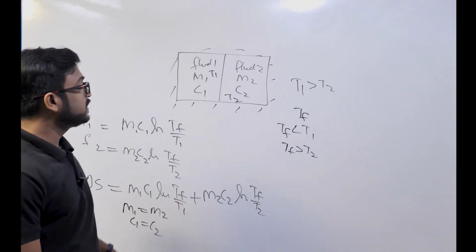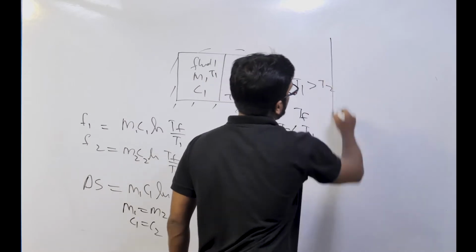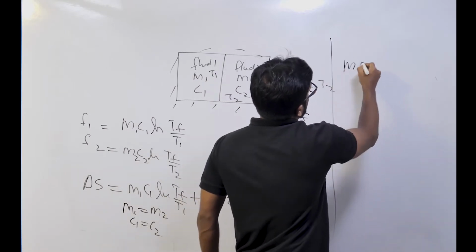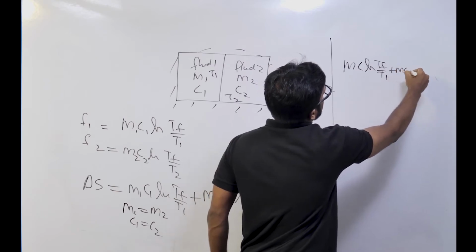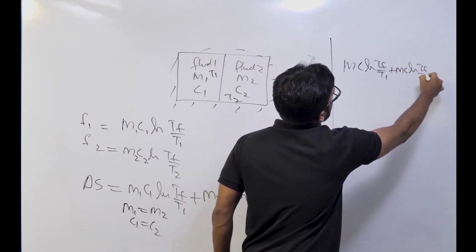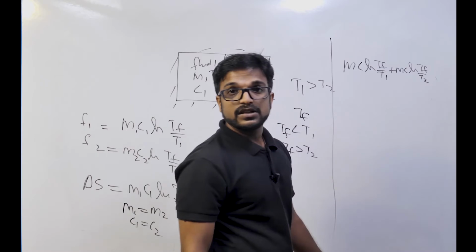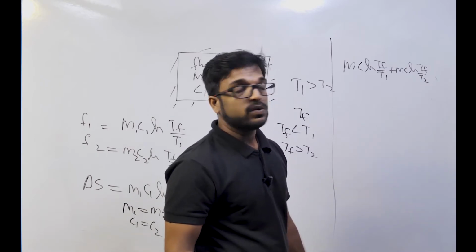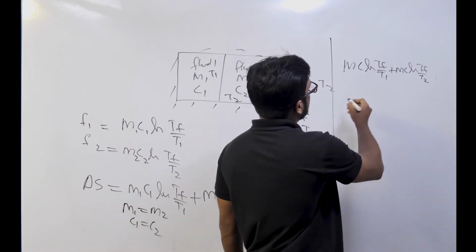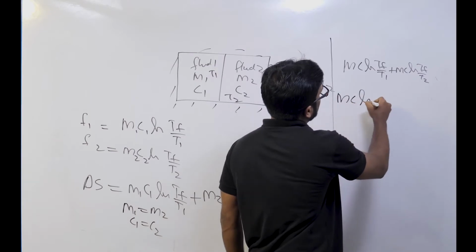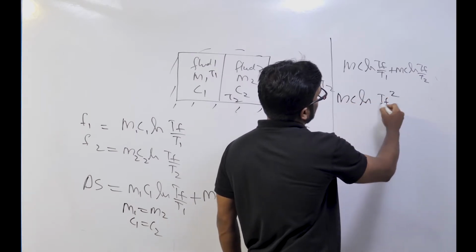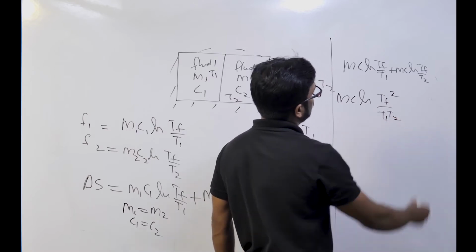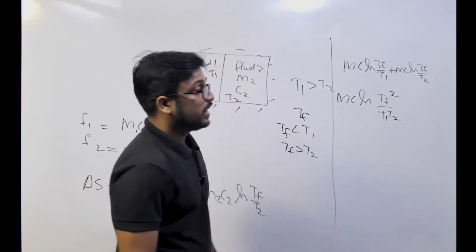Now let's apply these conditions, and we get the equation mc ln of Tf by T1 plus mc ln of Tf by T2. That is the total entropy change. Now I will take mc as common, and I get mc ln of Tf squared by T1 T2. This is the total entropy change.